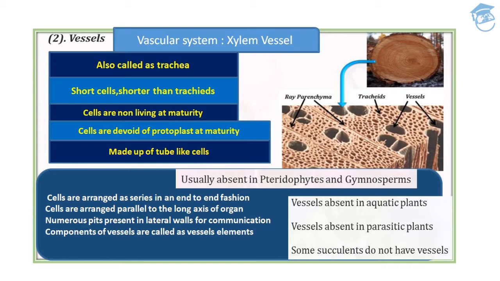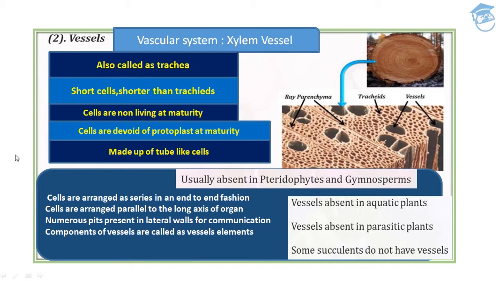They are made up of tube-like cells, and usually they are absent in pteridophytes and gymnosperms. Please note that this is a very important question that comes in pre-medical examinations. Vessels are absent in aquatic plants, absent in parasitic plants, and some succulents do not have vessels.